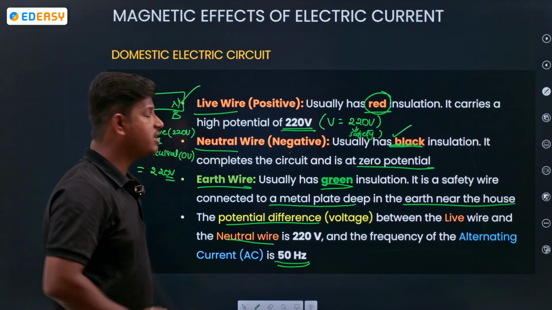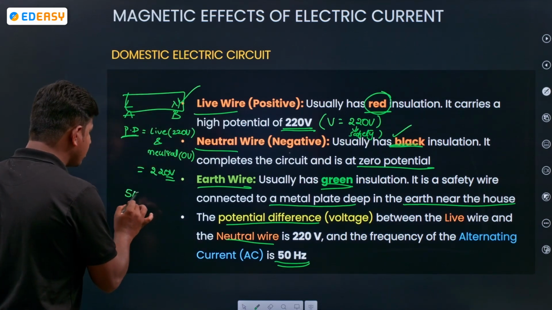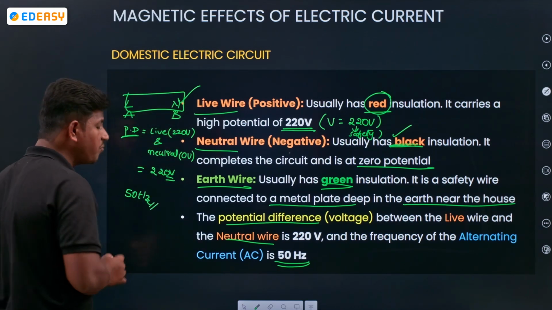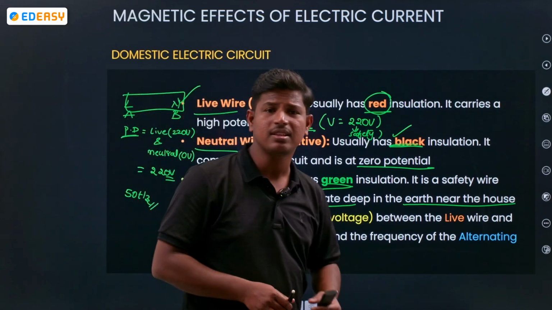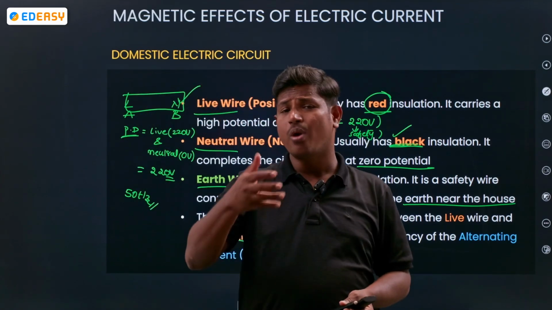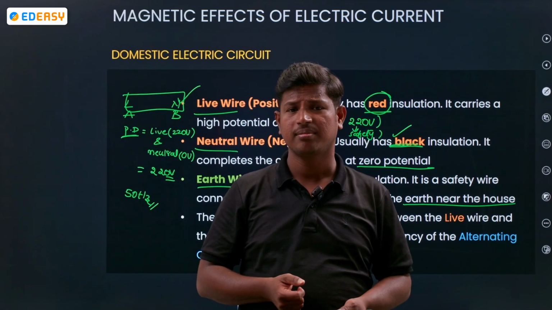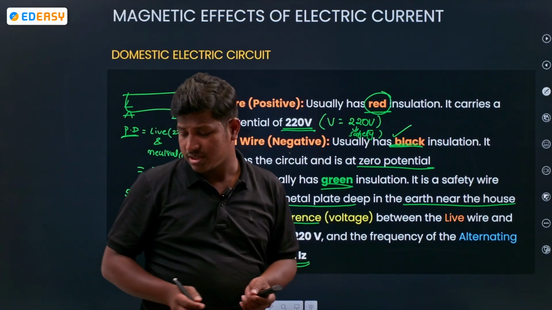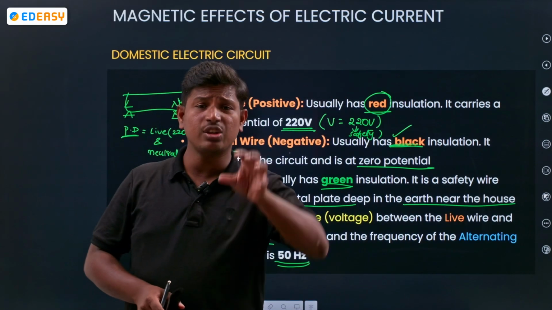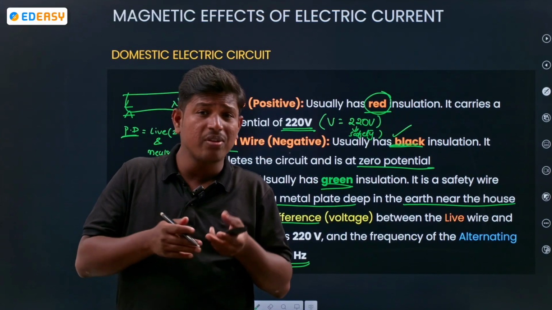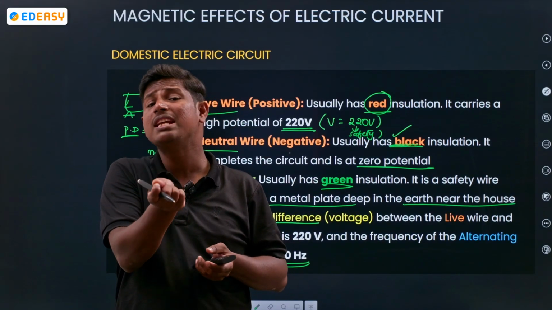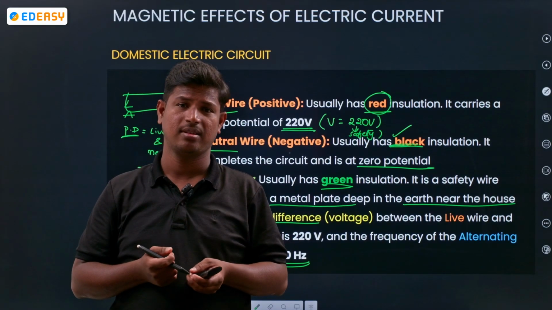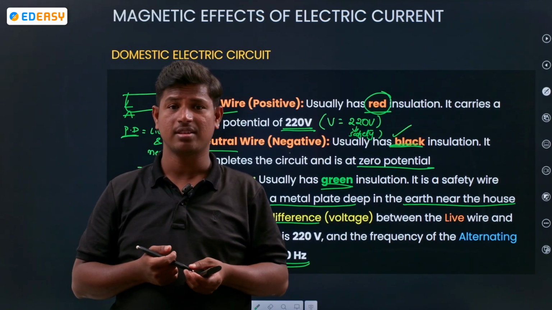Okay, and look at the frequency. What is the frequency? 50 Hz. Why is it 50 Hz? Anybody from the comment section? What is meant by Hz? It's a unit of frequency. What is meant by frequency? The number of oscillations that take place.